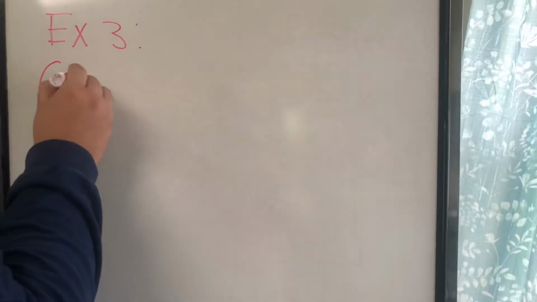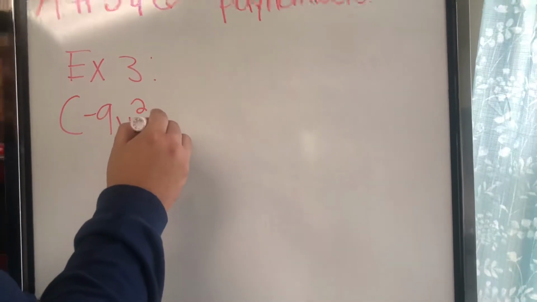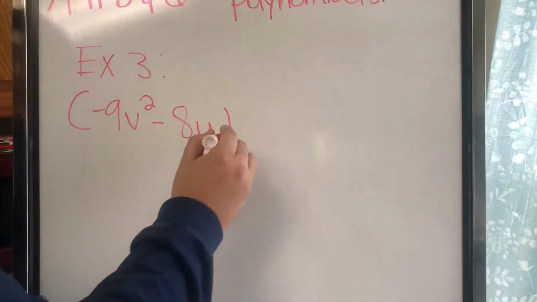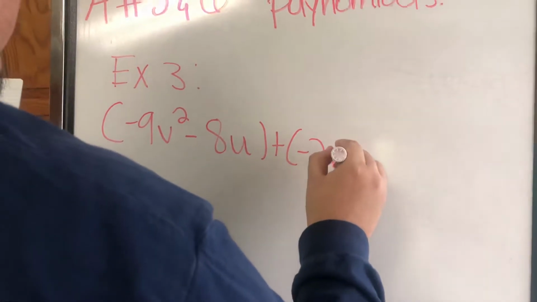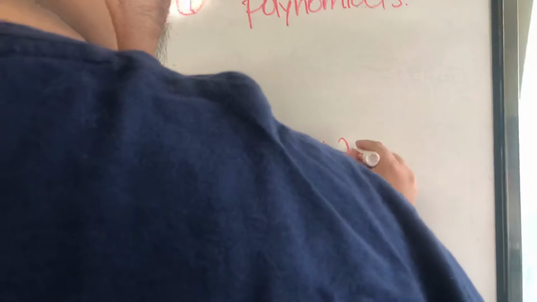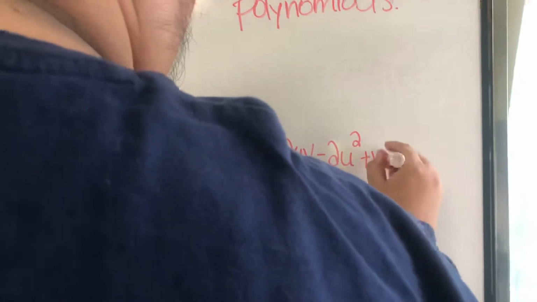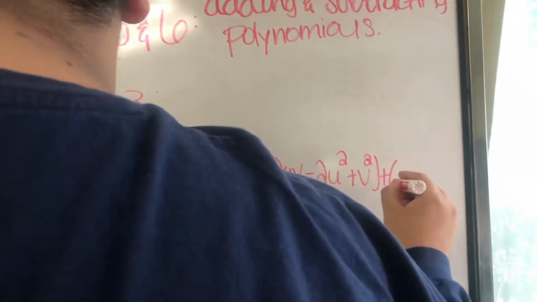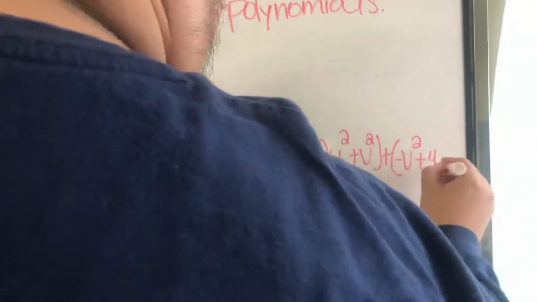We have negative 9v squared minus 8u, close it, plus negative 2uv minus 2u squared plus v squared plus negative v squared plus 4v plus 4uv.